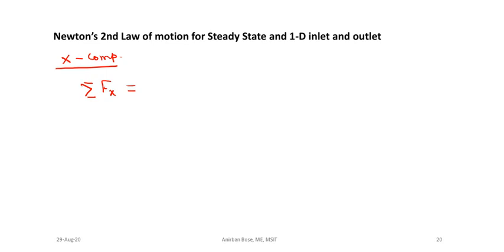So we are not writing that unsteady part, only the rate of momentum going out of the system and coming into the system, that we have to write. So the rate of momentum, that is Vx component rho Vn dAO minus Vx into rho Vn dAI.